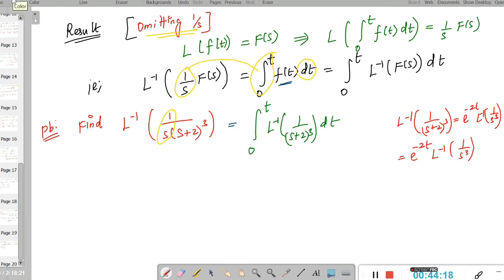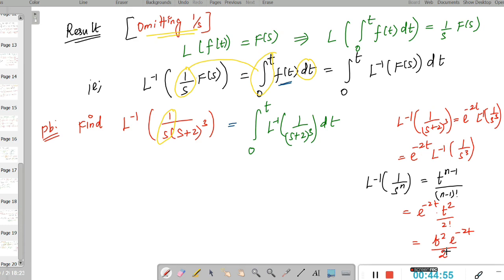By using this formula, 1 by s power 3, if you want to find L inverse, you may get e power minus 2t into t power 2 divided by 2 factorial, which is equal to t square e power minus 2t divided by 2.